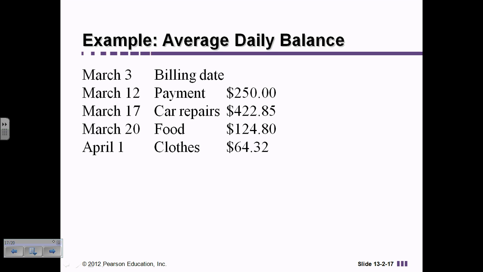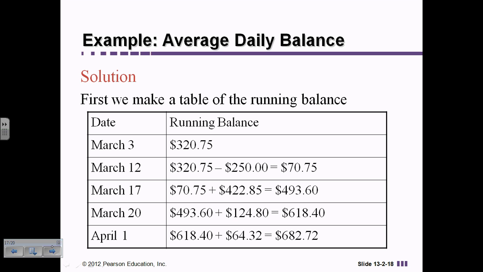And on April 1st, you buy some clothes at $64.32. So you made one payment on March 12th, and then you did make some more purchases. And so what's going to happen is your bill is going to change each time you make a purchase or something like that.